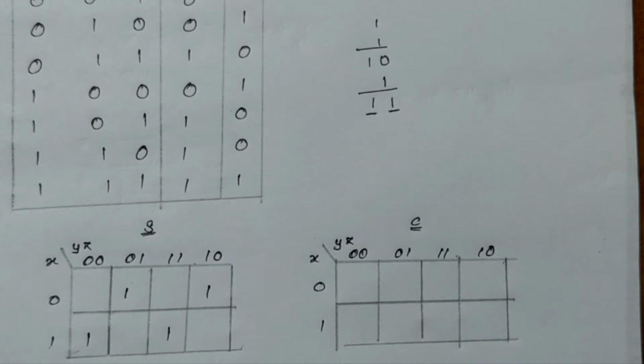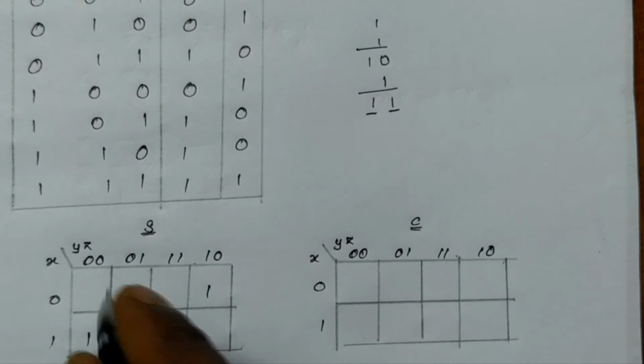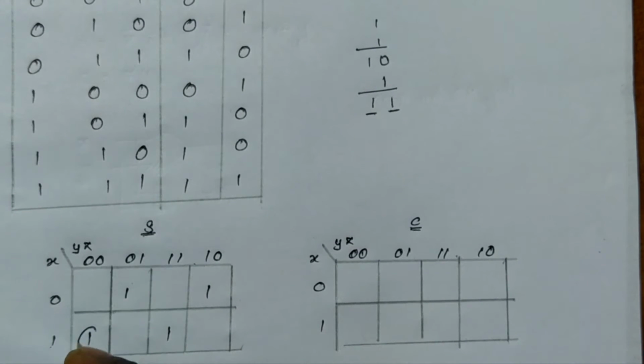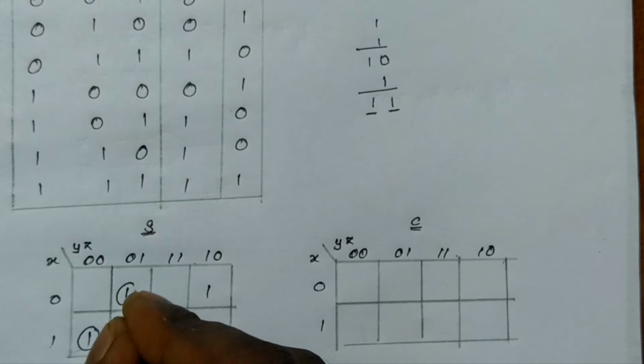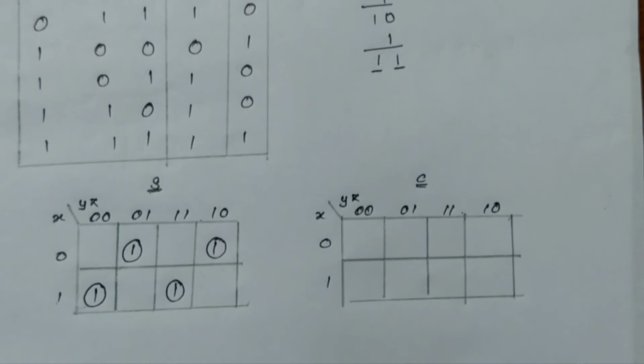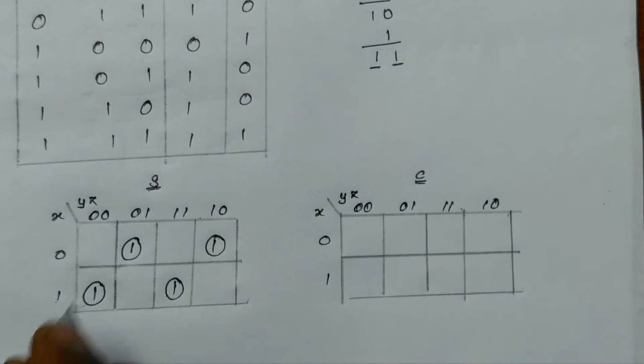Okay, so here we are not able to group it, therefore we need to go for single groups. Here we need to consider each one as a single group and write the value.